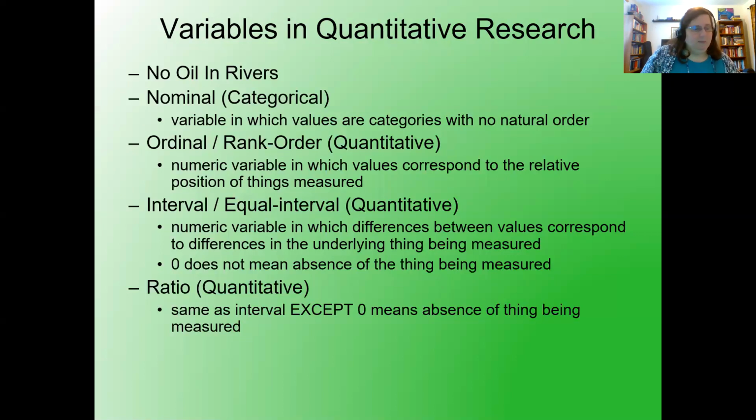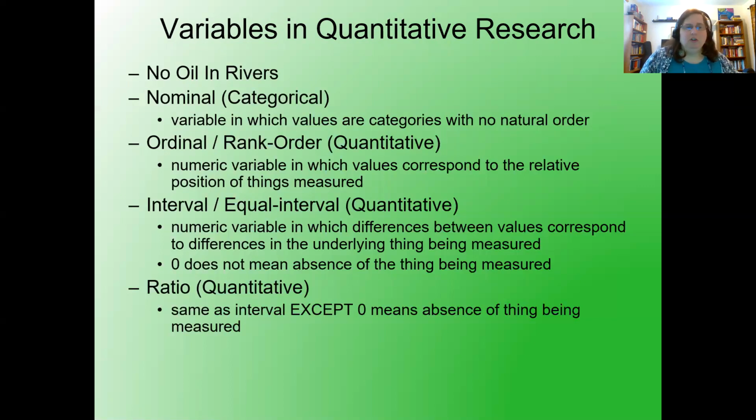So for example, finishing order in a race. Socioeconomic status, if you classify it as low, medium, high. Birth order. Those are all ordinal variables.